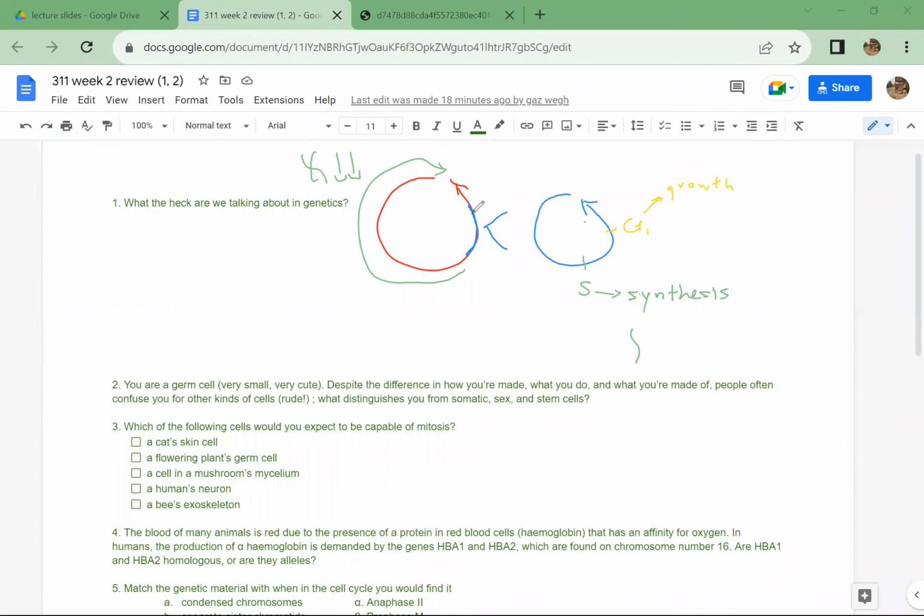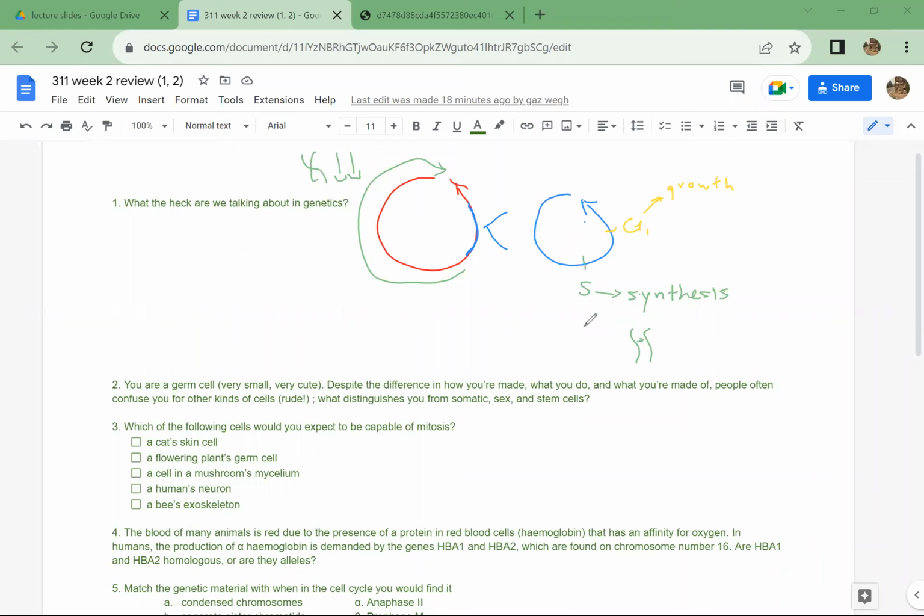But when we go into this special section of a cell's life cycle, we synthesize more DNA. We create a sister, an identical copy of a chromatid, so that there's more information to be passed along in this later section of this special little blue life cycle of our cell.